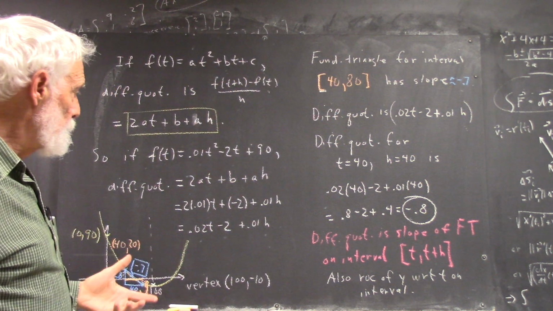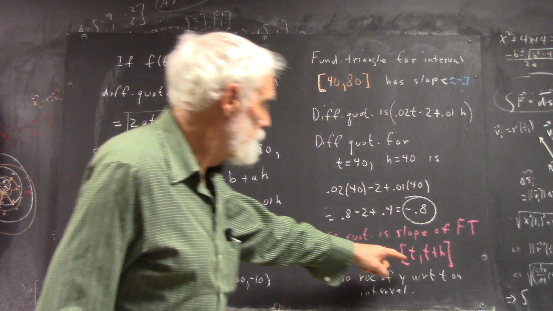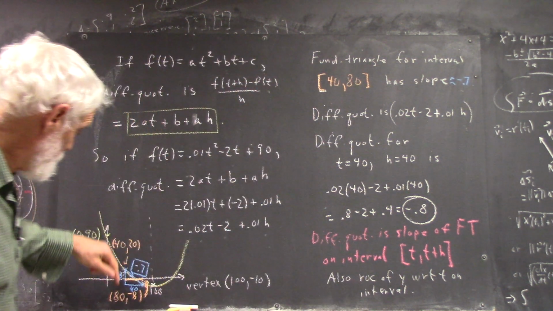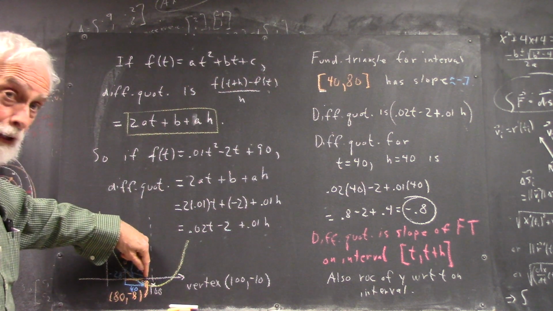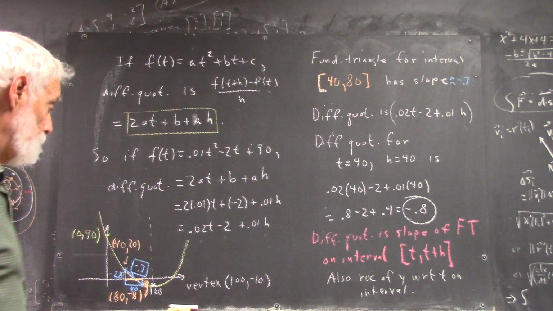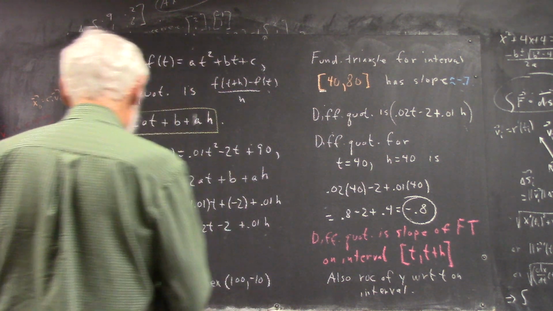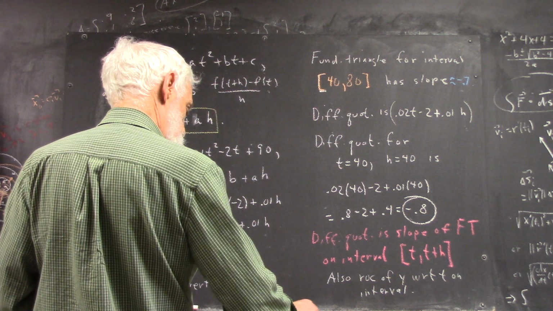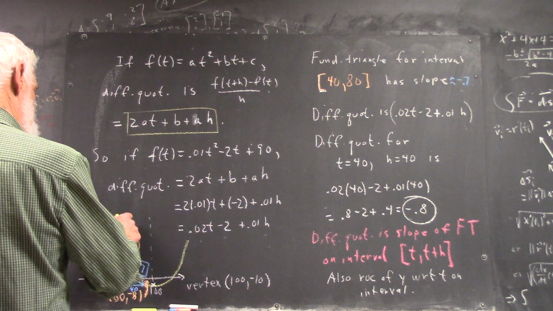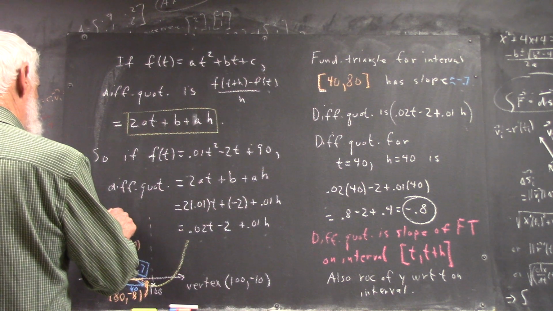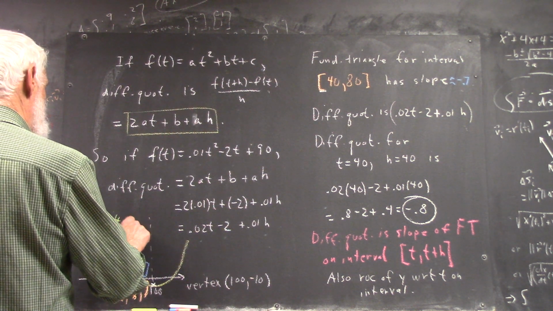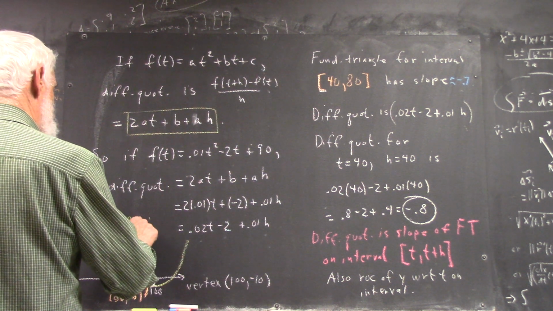The value of the function at t is f of t. So if my interval is from t to t plus h, the y-coordinate of this point is f of t. Let's see, what color could I use that I haven't used? Okay, so this would be my t, f of t.